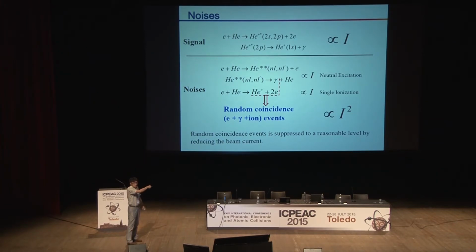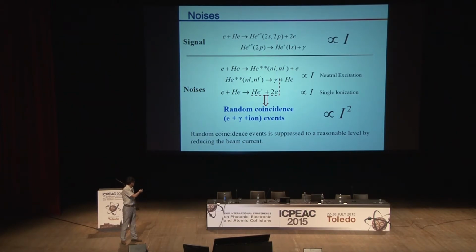So it is proportional to the square of the electron current. However, the ionization excitation process is only proportional to the beam current. So if we reduce the beam current, the random coincidence events will decrease faster than real events.